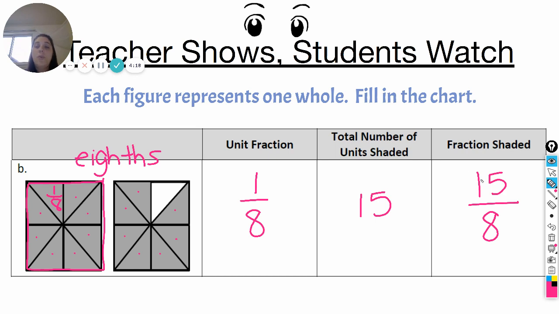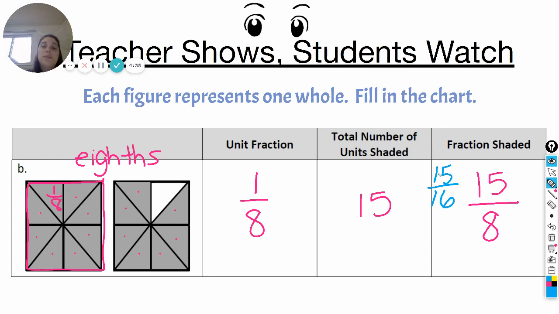Now, the reason that we don't say that this is 15 sixteenths, okay, because there are 16 pieces all together in both of the figures.